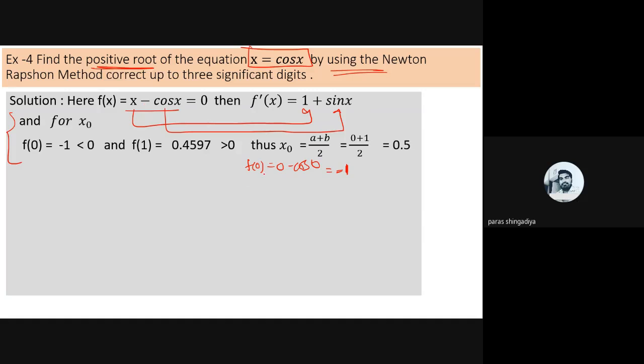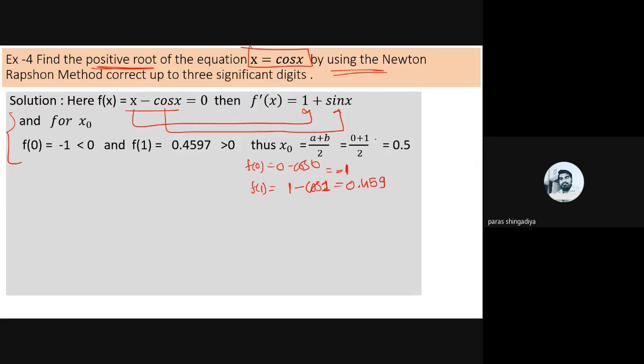And now at 1, f of 1. Just check this f of 1 output in your calculator: 1 minus cos 1. It will be 0.4596 something.